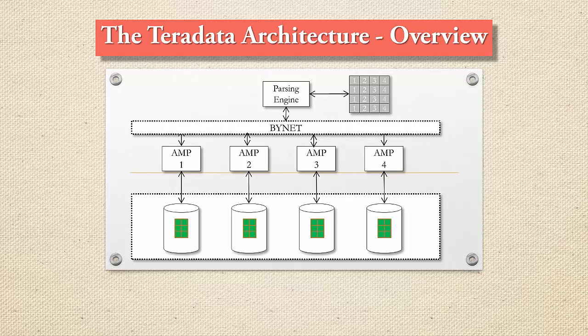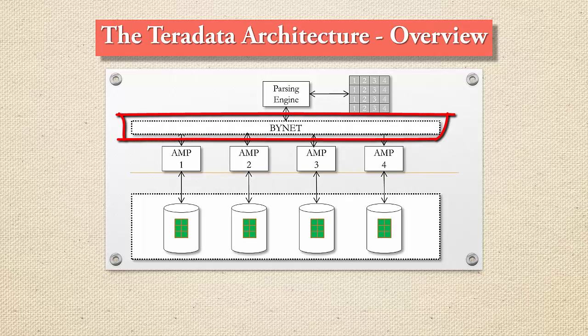First, there is a big rectangle called BYNET. AMPs and the parsing engine, PE stands for parsing engine, communicate with each other via this BYNET. The BYNET consists of 2 very large networks. They are used for simultaneous communication and allow to continue communication over the remaining network if one of them fails.